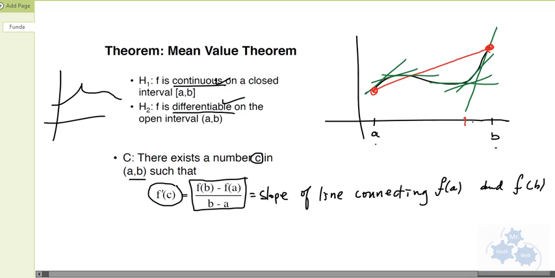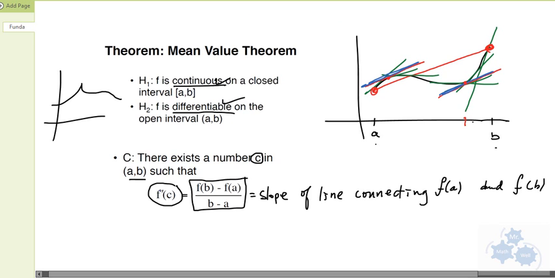At some point, and it looks like right around here, there's going to be a tangent line that is completely parallel. See that? And maybe over here, a tangent line that's parallel. All right, does everyone see that? These are the two lines right here that would appear to be exactly parallel to this red line.